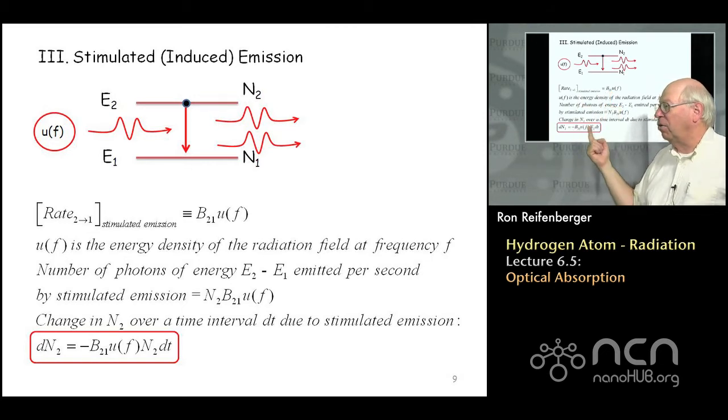And in a similar way, the important equation that results from this definition is that the change in the number of atoms which have energy E2 is proportional to the time delta t, is proportional to the number of atoms that already are in energy level E2, so that's this quantity N2, and then it depends on this rate factor B21 times U sub F, which is defined here.